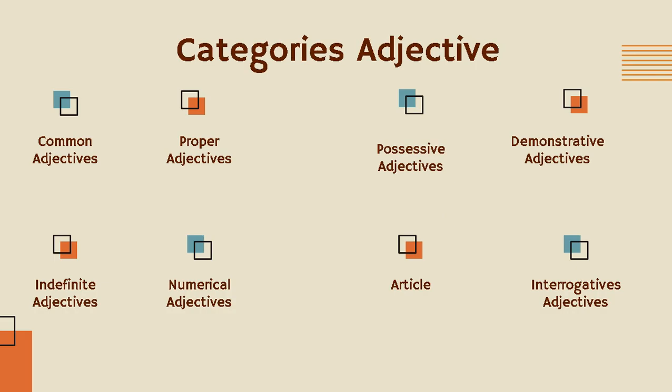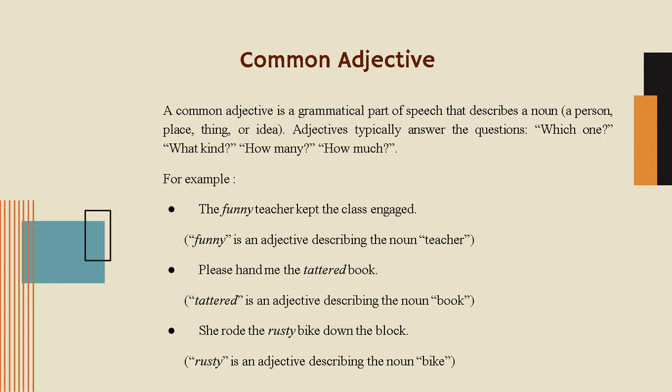Adjectives have several categories. There are common adjectives, proper adjectives, possessive adjectives, demonstrative adjectives, indefinite adjectives, numerical adjectives, article and interrogative adjectives. The first is common adjective.